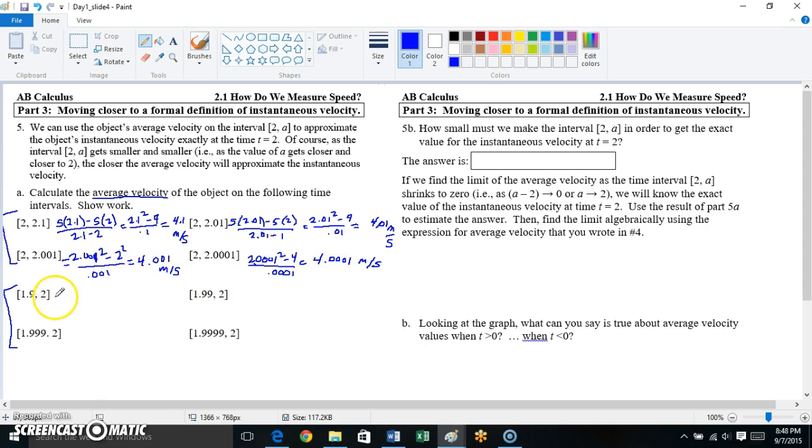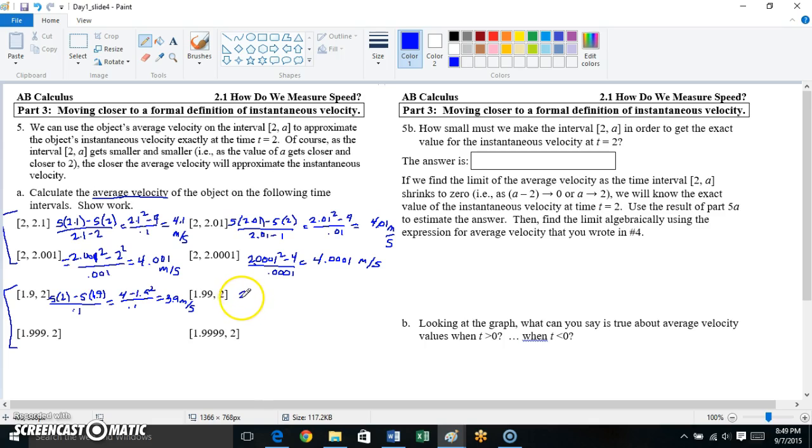All right, looking at the left-hand side, we're going to take a look at s of 2 minus s of 1.9 over 0.1. Or 4 minus 1.9 squared over 0.1. Here we have 3.9 meters per second.